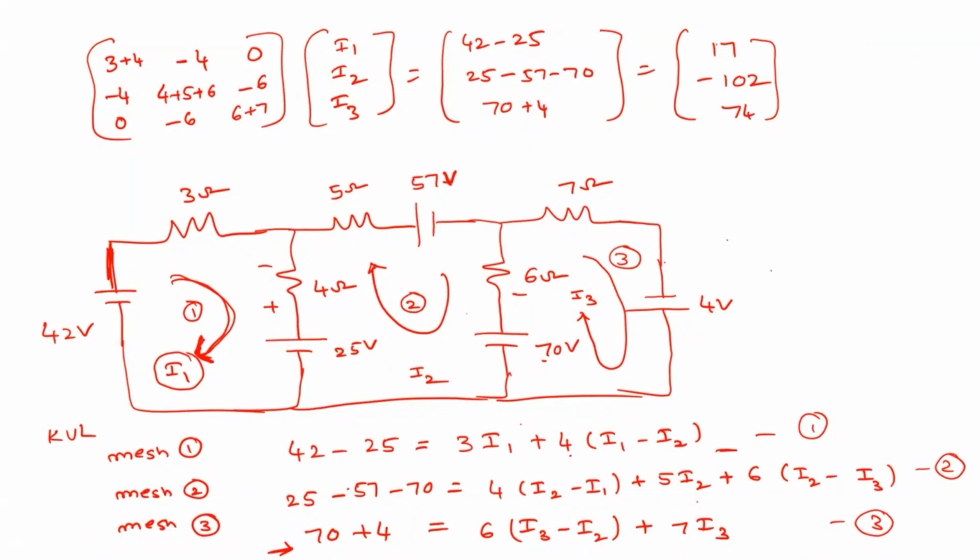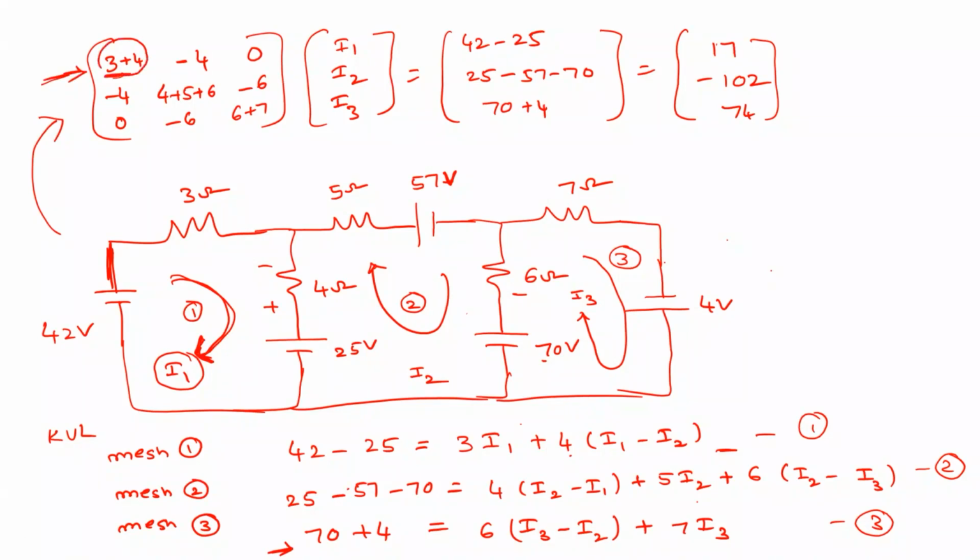Clear? Yes. So now, why have I written 3 plus 4 instead of 7? You need to write this matrix straight away by analyzing this circuit. This is the first variable, related to the I1 current.